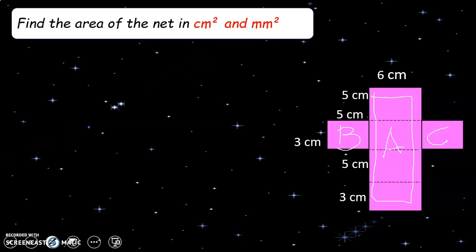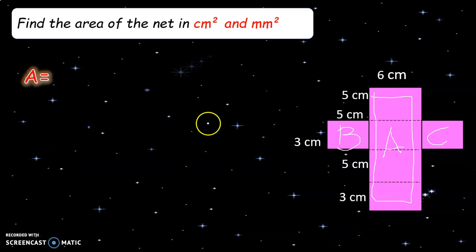So what we are going to do is get the area of rectangle A. What will be the length? We all know that in order to get the area, we need length times width. The length will be this part, so we add all the sides.